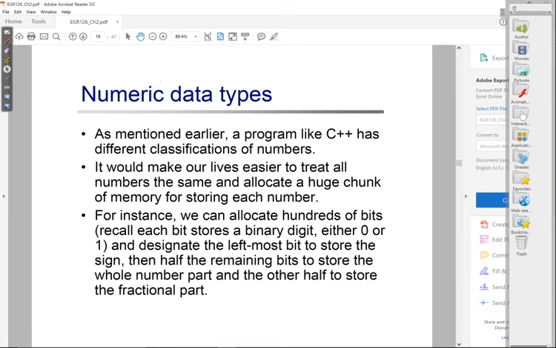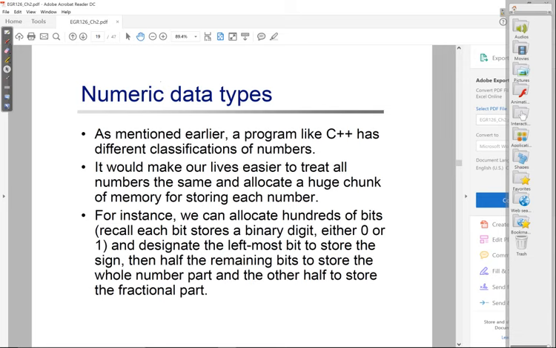But historically, when computer programming was first being developed, in the early days of computing, it was very important that you made a differentiation between whole numbers and fractional numbers. And the reason is this. In the early days, computers didn't have a lot of memory to work with, so every little bit of memory that you could save was important.